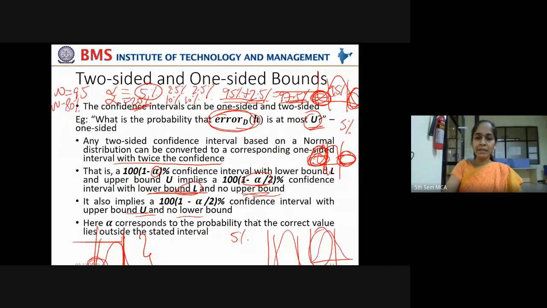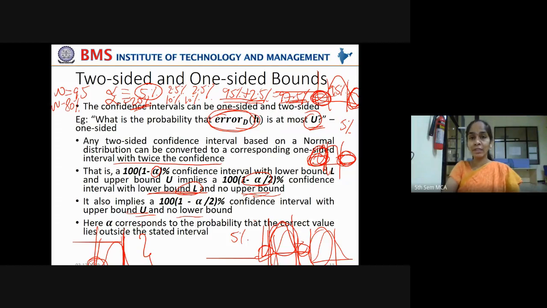When I'm taking the curve like this, 95% of the time the correct value will fall into this range. My confidence interval is 95%, and 5% of the time it may fall outside this range. That 5% is this alpha, the level of significance. Now if you have a two-sided bound, then 5% is divided into 2.5 and 2.5.